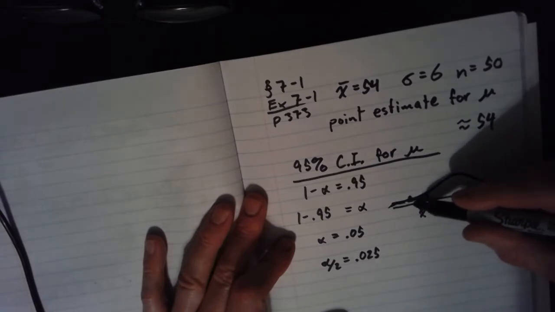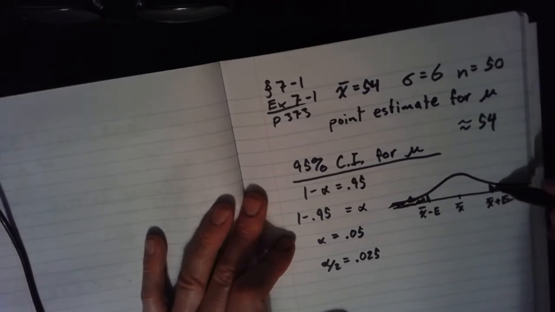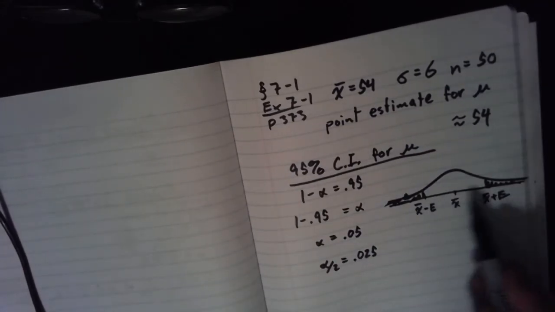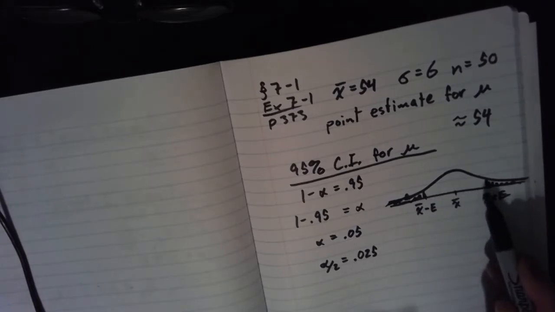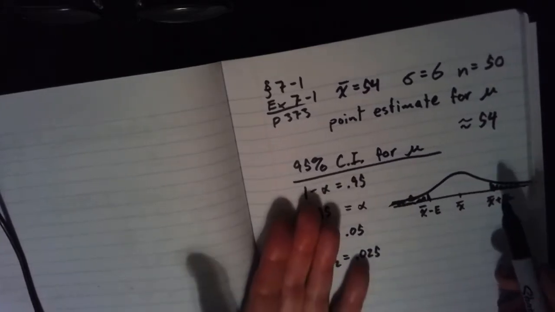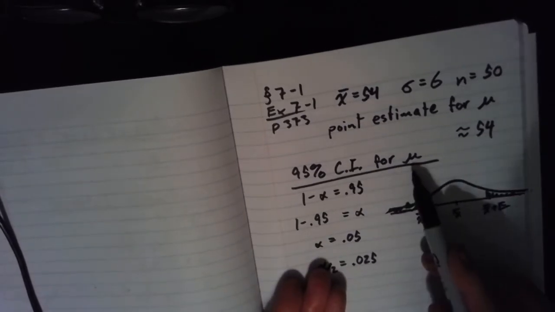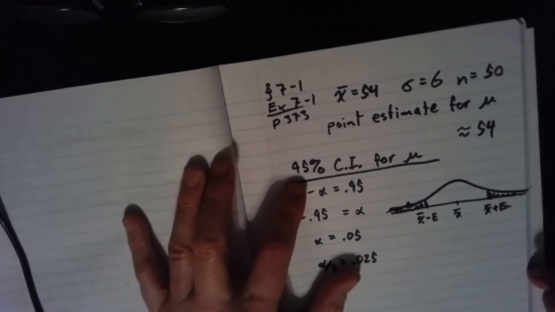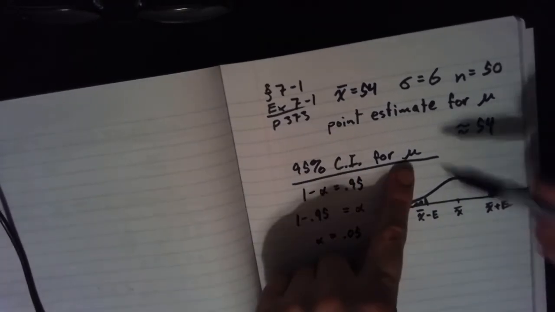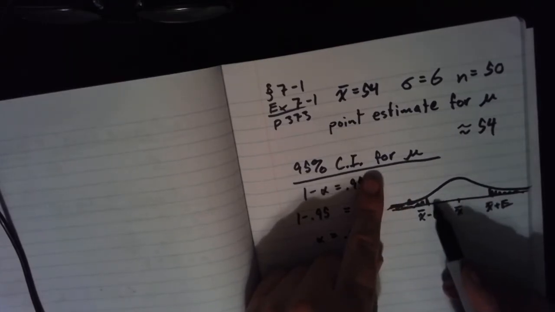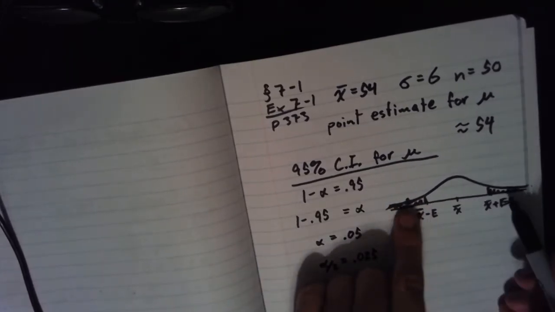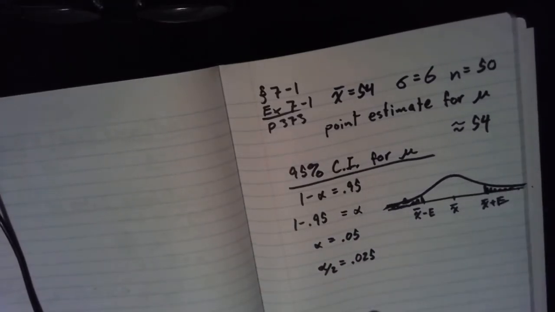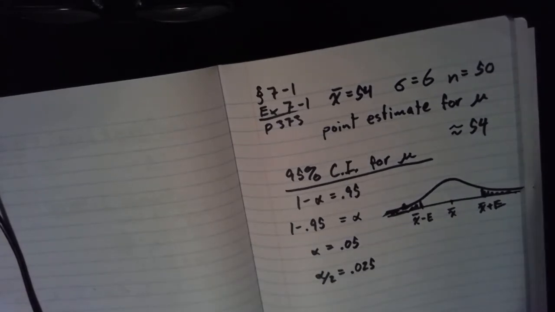Our interval is going to be everything that's in the middle, from here all the way over to here. All of those x values are potential values that mu could possibly be. So essentially, we're going to be 95% confident that mu is somewhere in this range. Only 5% of the time would we expect that it's in the lower range or the upper range.